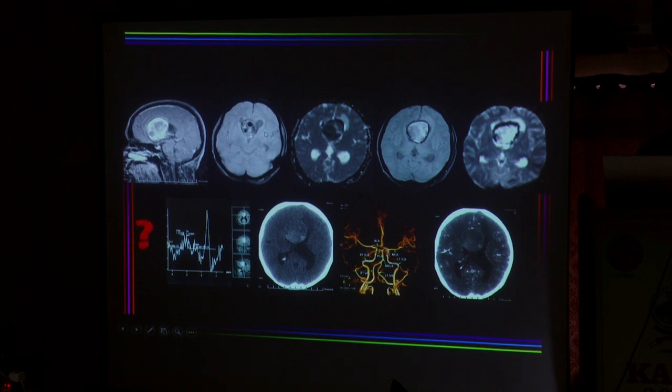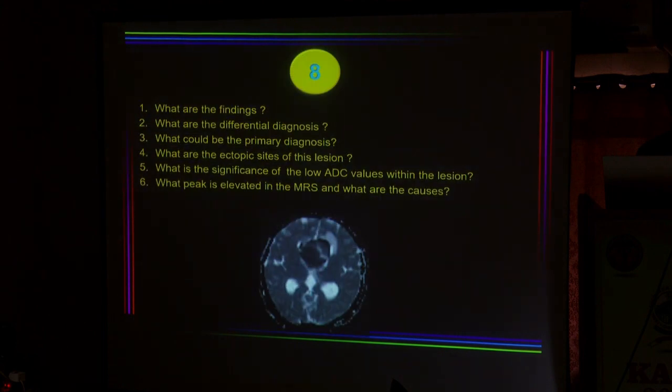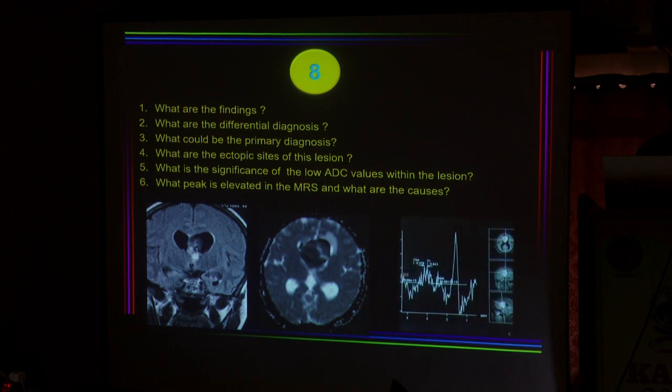The differential diagnosis for this suprasellar lesion involving the third ventricle, based on the findings, could be an epidermoid cyst, but not necessarily because it is hyperintense. Based on the CT, maybe a hemorrhage. What are the other differential diagnoses?